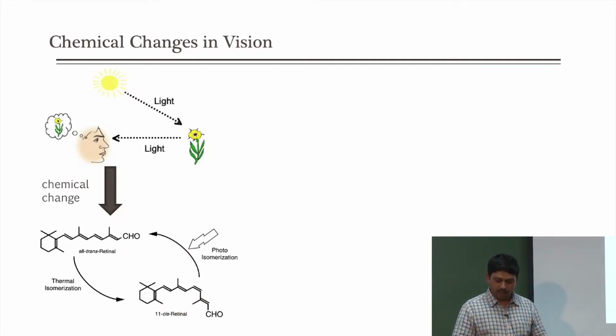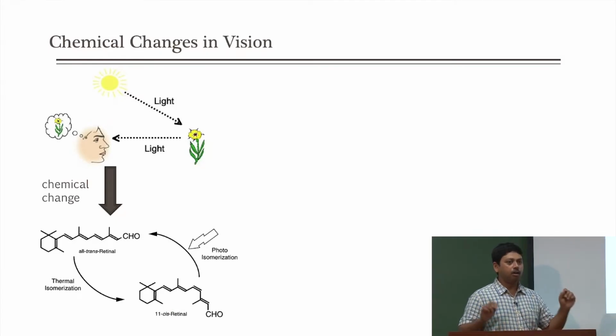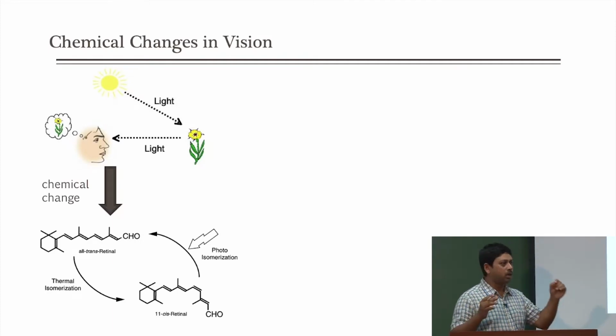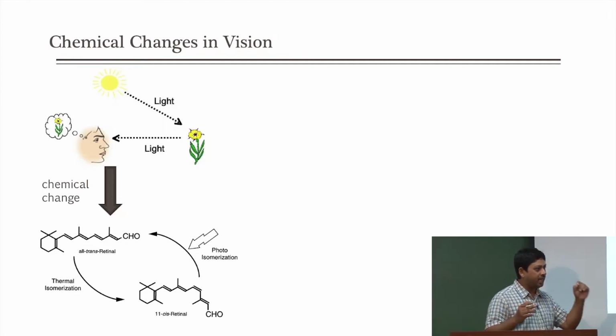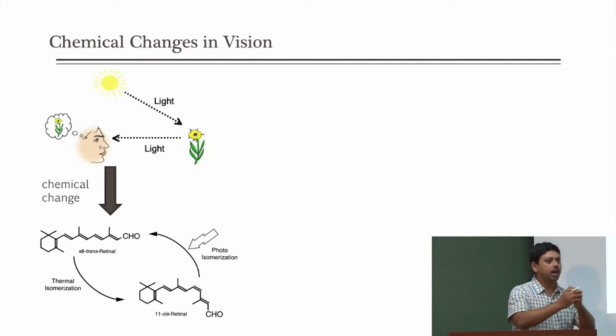This isomerization can only happen because of the photon that falls in our eye, and we know that we cannot see all possible lights, we see only in the range of visible light, 400 nanometer to 800 nanometer. That means a particular frequency of light can activate this trans retinol and form cis retinol.